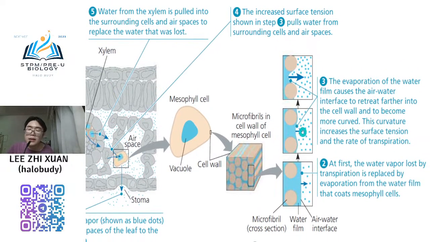So this is what you already learned about surface tension. Surface tension, do you still remember? What is surface tension that you already learned in chapter 1, the physical property of water molecules? So you know that when the water molecules evaporate out from the cell, only the surface water molecules evaporate out. The inner part still maintains the liquid phase.